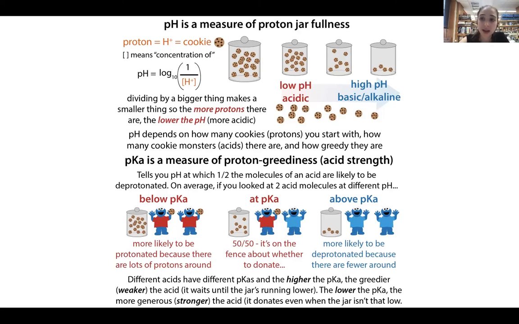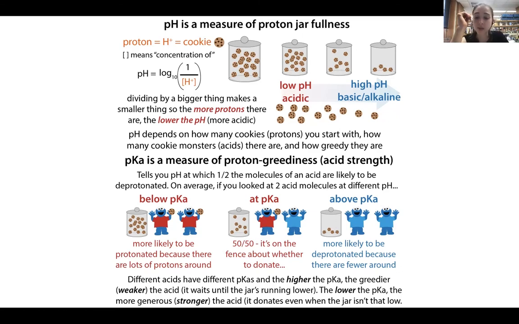So if you have a low pH, it's more likely to find a proton if it deprotonates. But that's true for all molecules. What then determines how strong something is going to be is whether it is likely to hold on to it tightly. So if it doesn't lose it, if it's able to hold on better, then you're more likely to find it protonated, even if you have a higher pH, so a lower proton concentration.